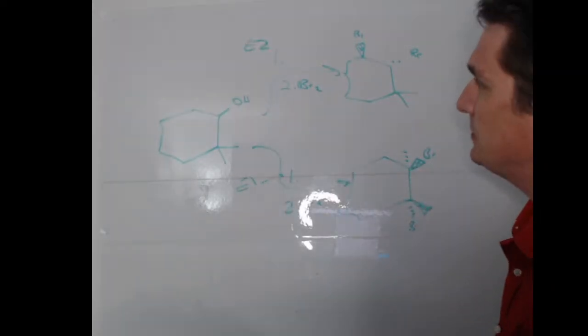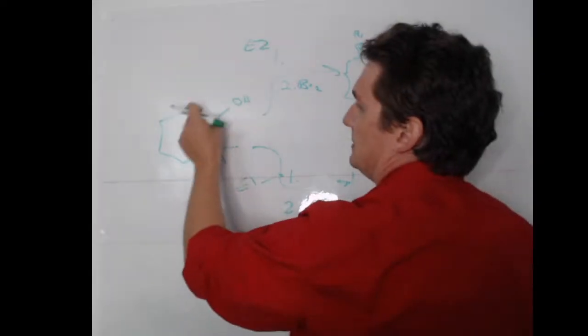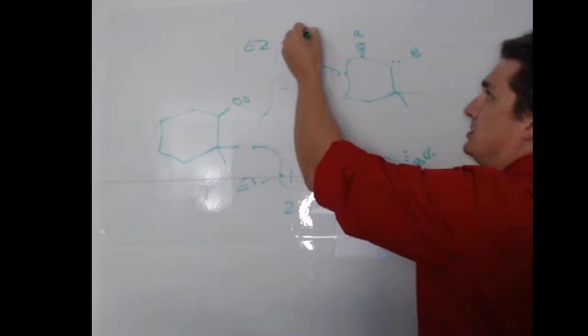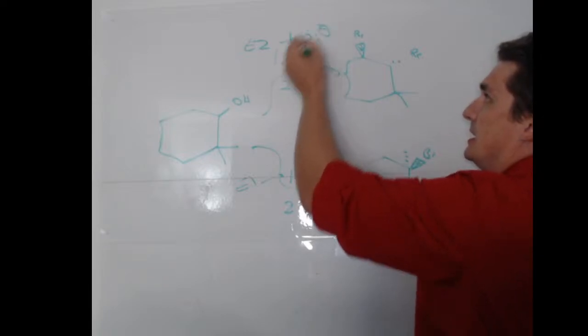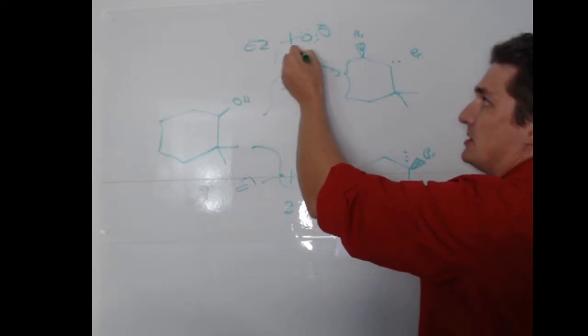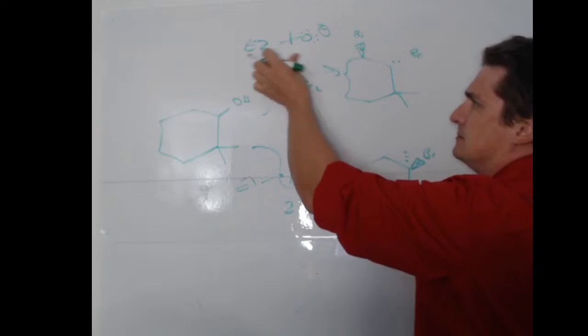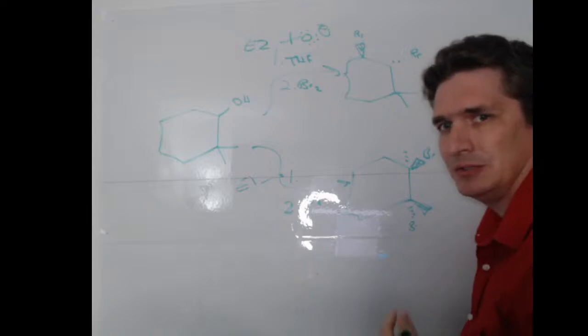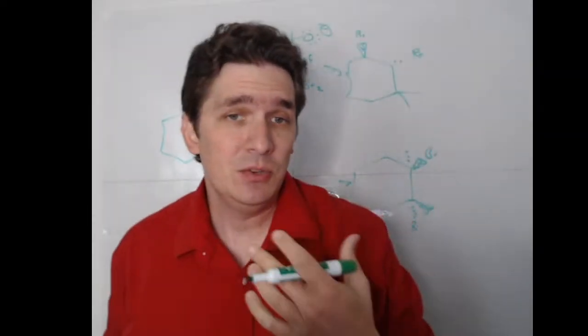Because what will happen here for the E2 mechanism is that we'll get elimination between this carbon and this carbon, so no carbocation rearrangement. And you're going to want to do this under basic conditions. And this is really where you want to specify the solvent as something like, I think THF. One of those low dielectric constant solvents, because you want to make sure you don't get carbocation rearrangement.